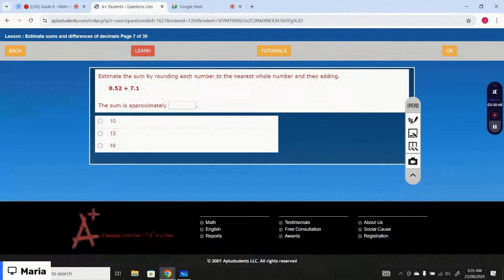Okay, the next one is estimate the sum by rounding each number to the nearest whole number and then adding, which is the correct option.